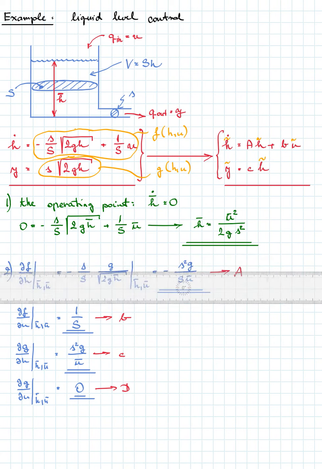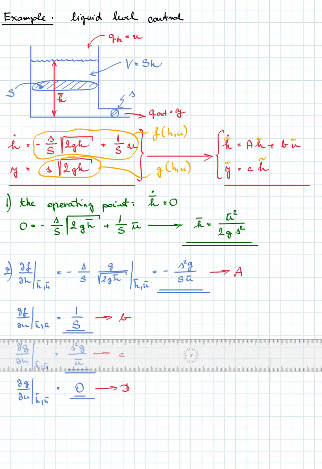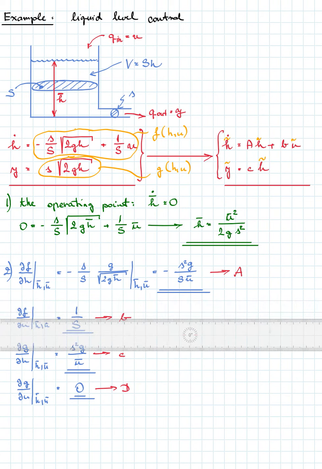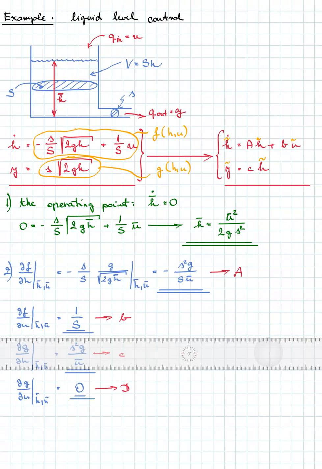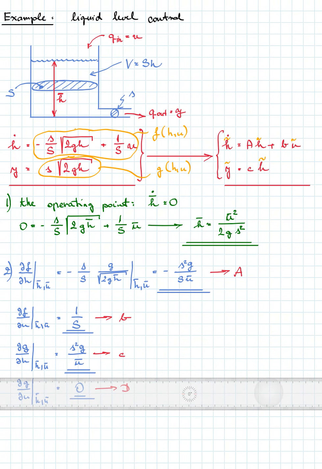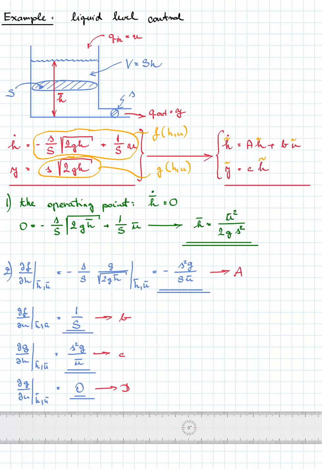And the second step is to do the derivatives. df over dh, this is the value of a. df over du, we are going to get b. dj over dh, we are going to get c. And dj over du, we are going to get the value of d.